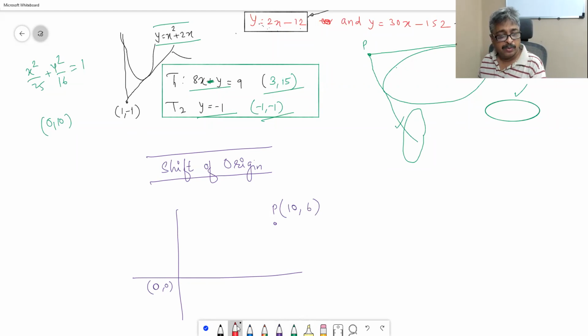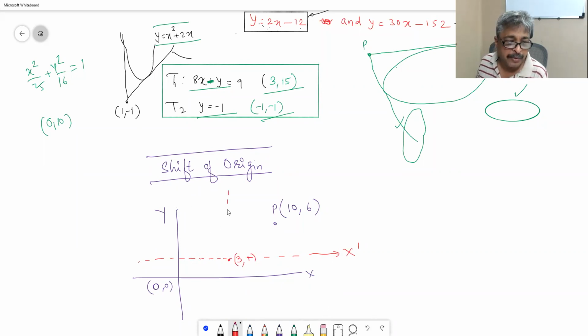Okay. Now, if I take the origin to say 3, 1, and my new x-axis will be parallel to the original x-axis. This is x dash, this is x, this is y, this is y dash.